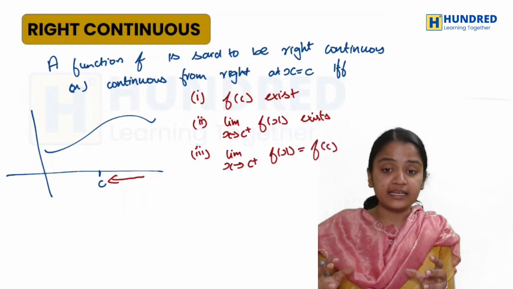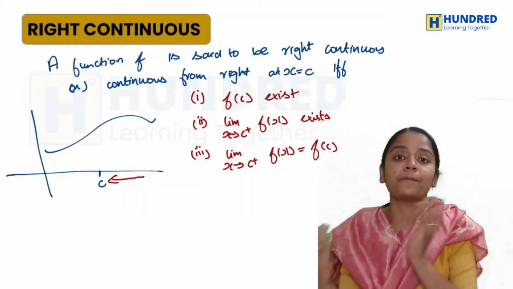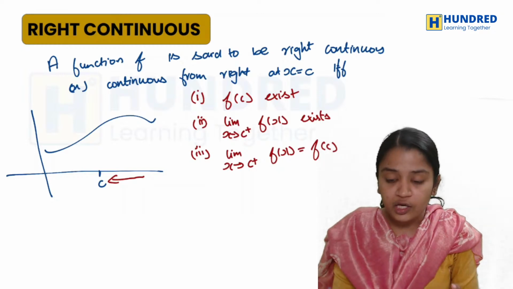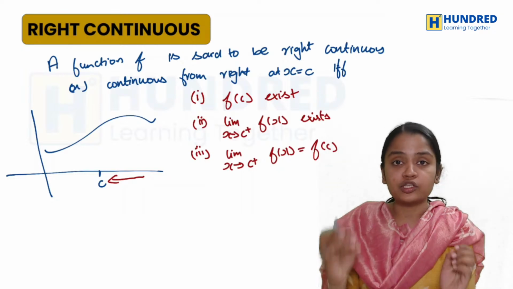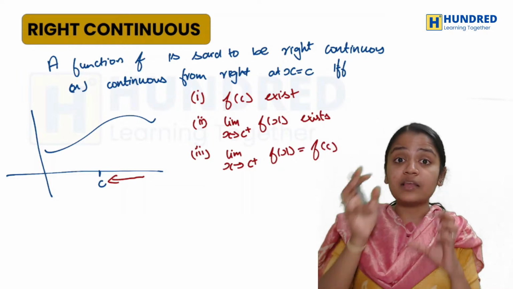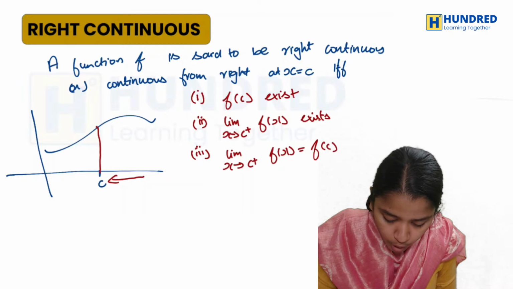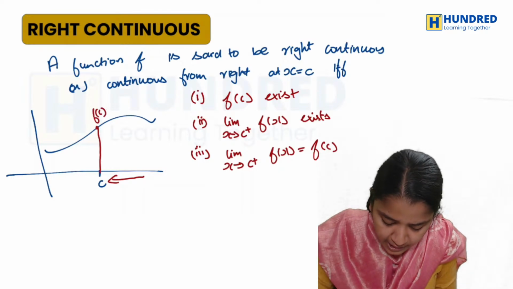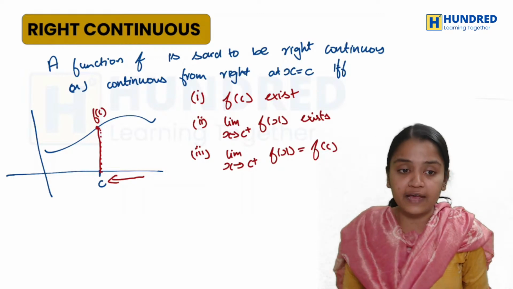So your f of x value approaching c from the right side should be equal to the value you get by substituting x equal to c, that is the function value at the particular point c. This will be your f of c. When you approach it, it will definitely be near f of c.